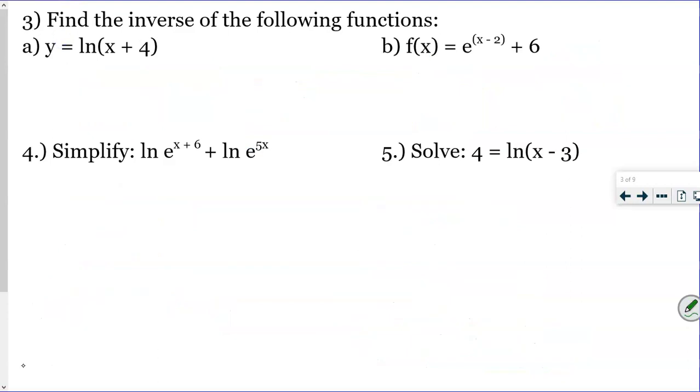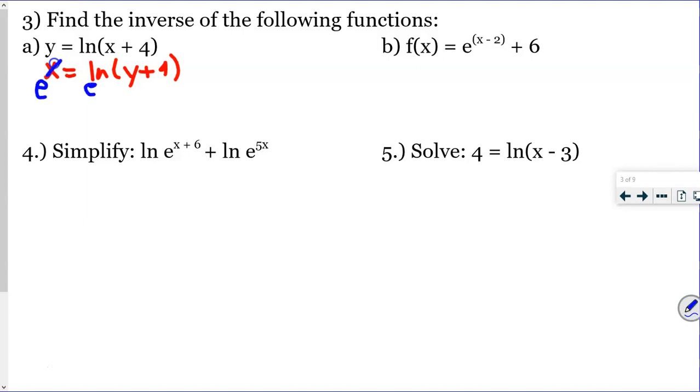So to find this next pair of inverses, we need to know that the inverse of ln is e. Okay, so the very first thing we're going to do, again, same thing we've been doing, is swap our x and y. So we're going to make this x, and that's going to be ln of y plus 4. Now recall that to get rid of an ln, we must do an e. So this is going to be e.